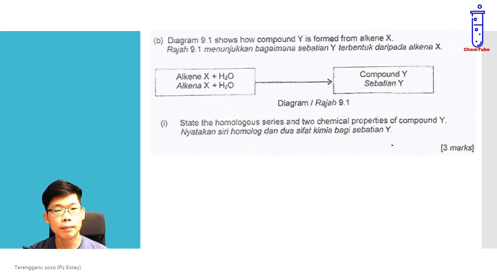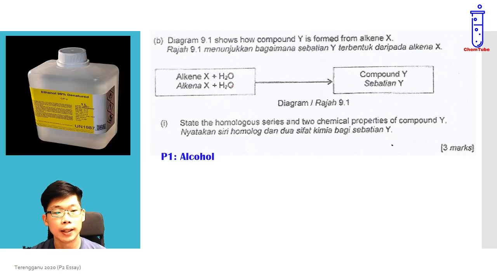Okay, the diagram shows how the compound Y is formed from the alkene. So the alkene reacts with water, then produces the compound Y. State the homologous series and 2 chemical properties of the compound Y. 3 marks. Actually, when alkene reacts with water you produce alcohol.